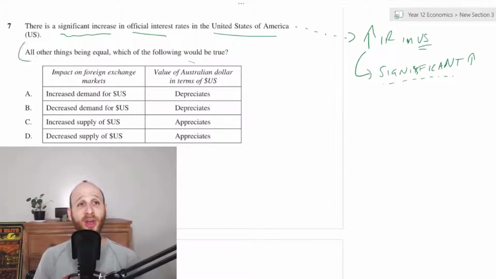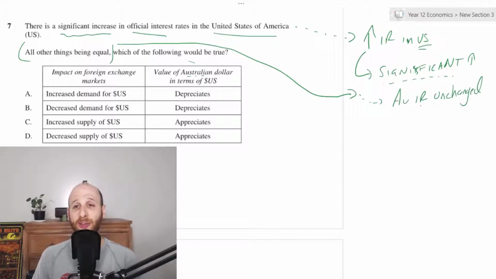It says all other things being equal. In this context, I can see the Australian dollar, so what we can start to think about is that Australia's interest rates are unchanged. So America's interest rates go up, but Australia's are unchanged.